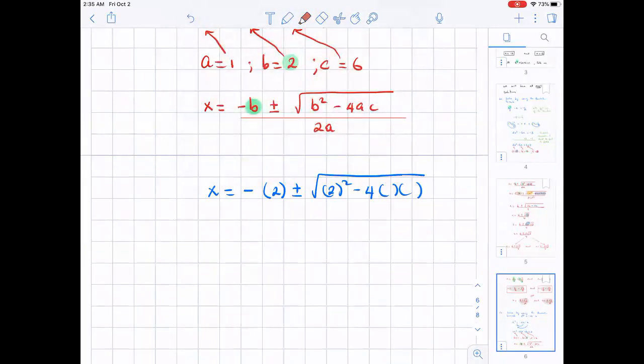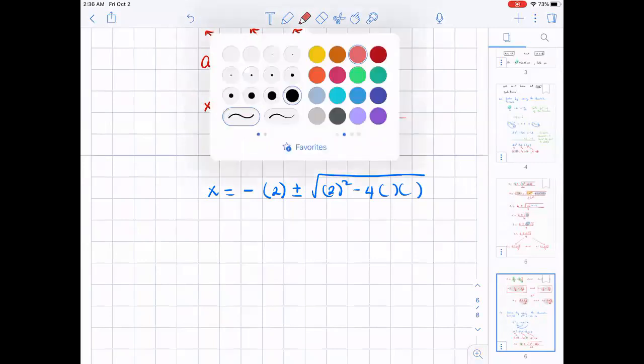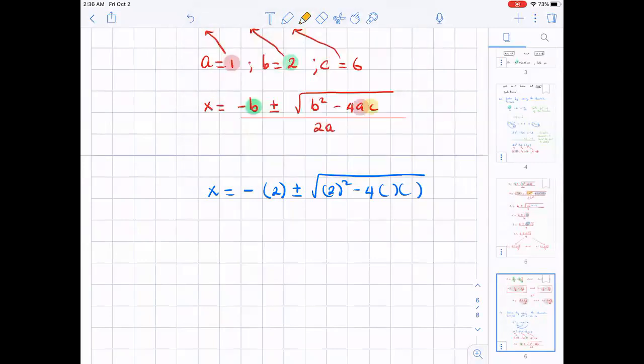We see here that a is 1 and c is 6. Everything over 2 times a, which we said is 1.